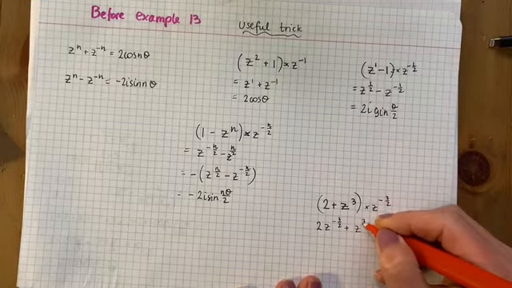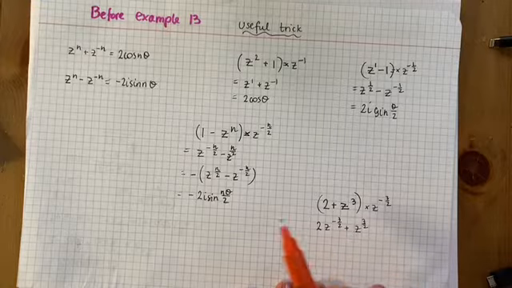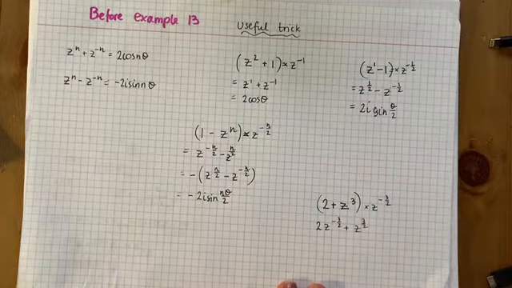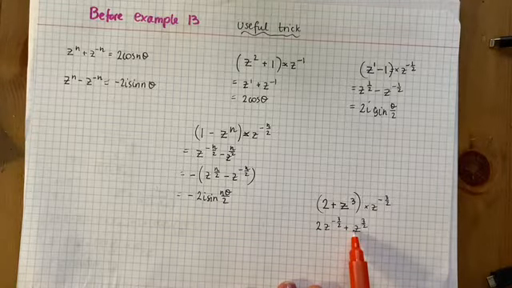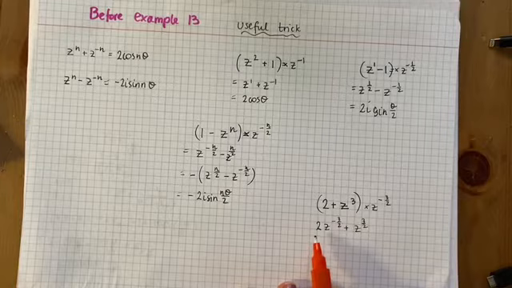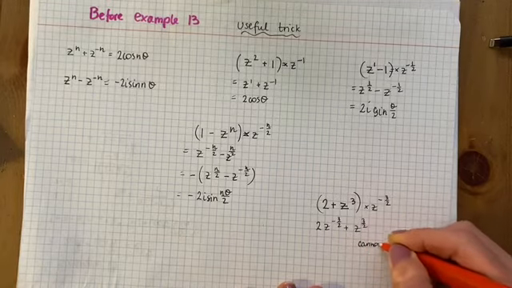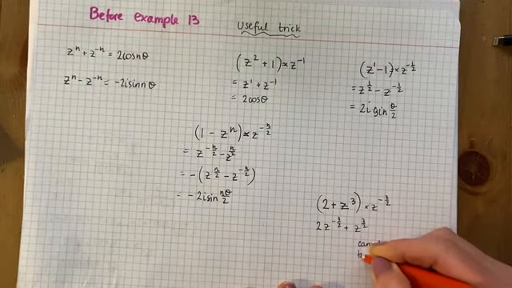That gives you 3 over 2. You can't replace this expression with the identity. You've got 2 of these and you've got only 1 of these. If you had 2 of each, that could work because you could factorize 2 out, but not of different amounts. So you cannot use the identity here.